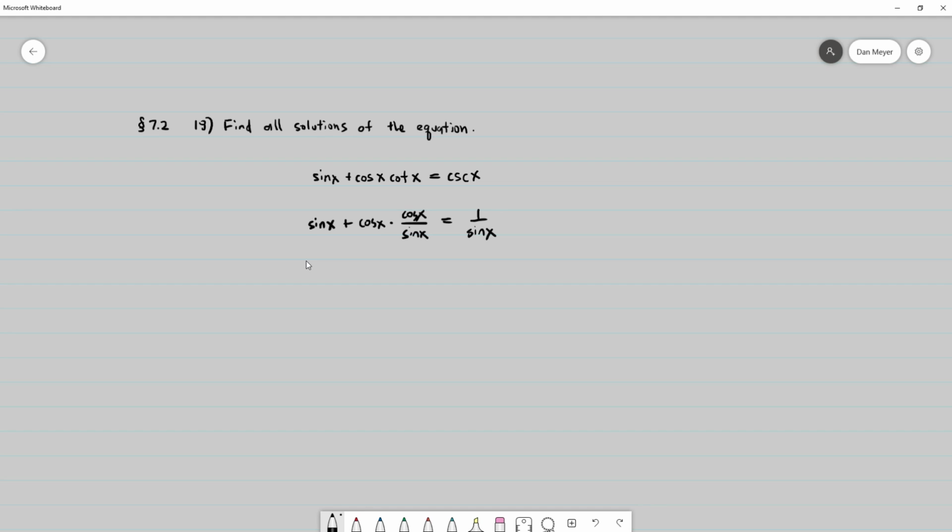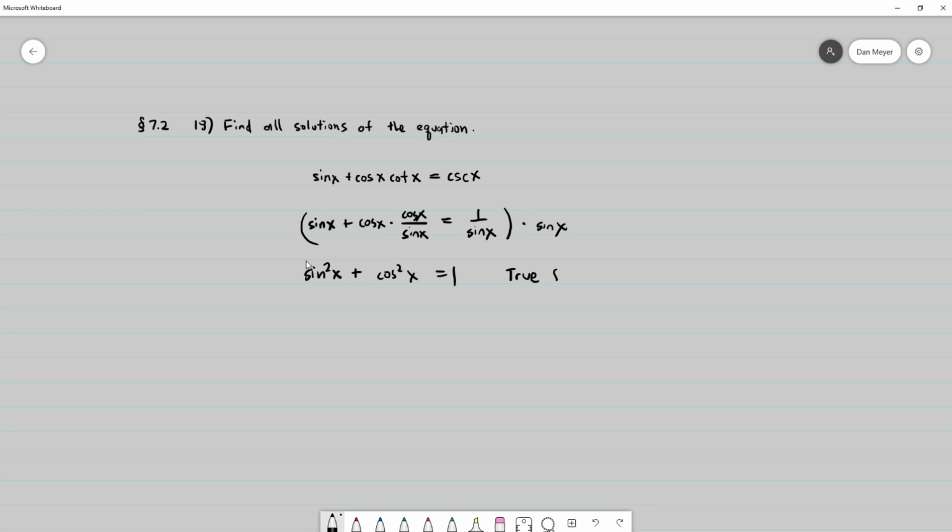And then, well, there's a few things that we could try, but we could multiply on both sides here by sine of x just to clear out denominators, and then I would get sine squared x plus cosine squared x is equal to 1, and that's true for all x.